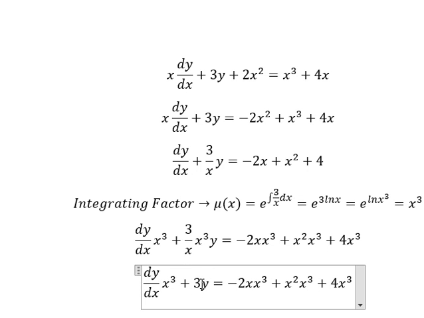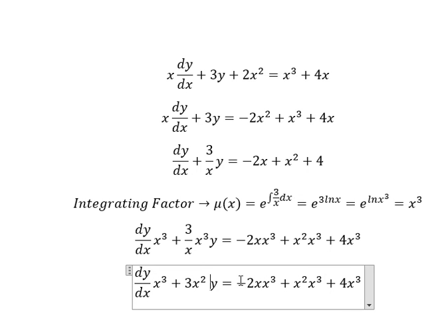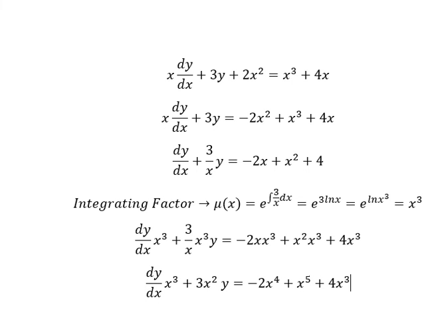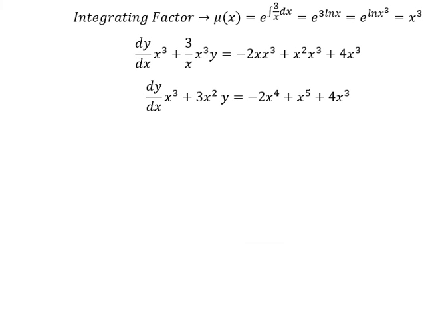This one we have 3s squared. This one we have s to the power of 4. This one we have the number 5. Next, we put the integration on both sides.